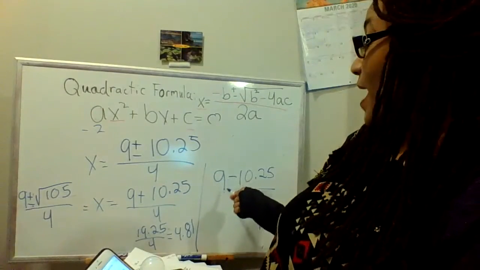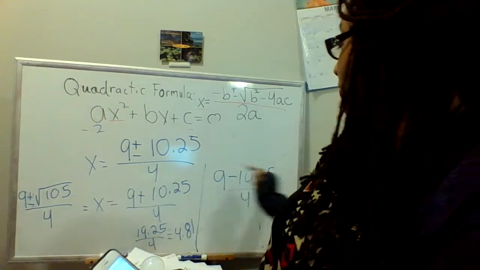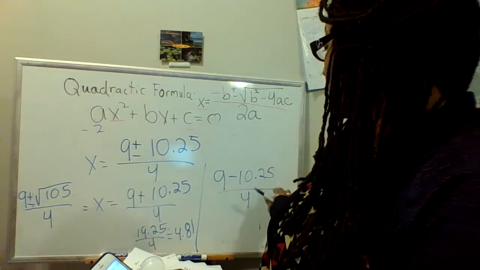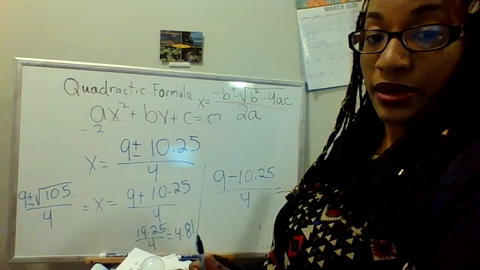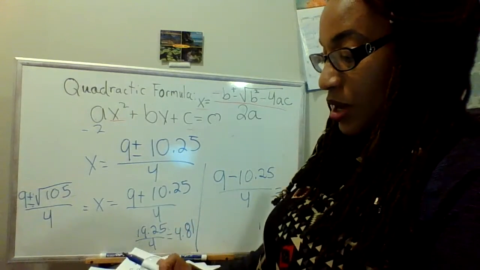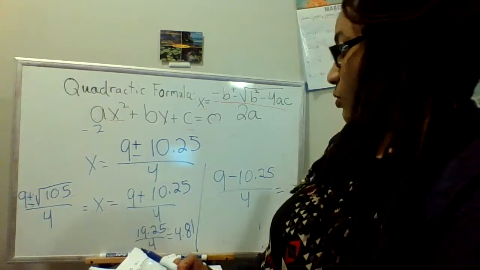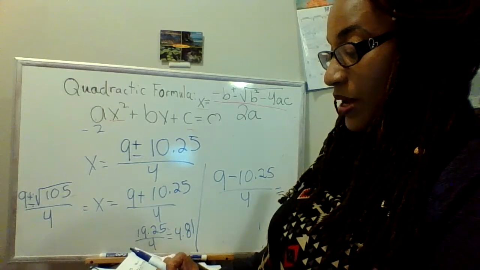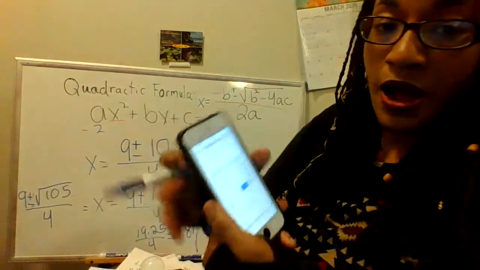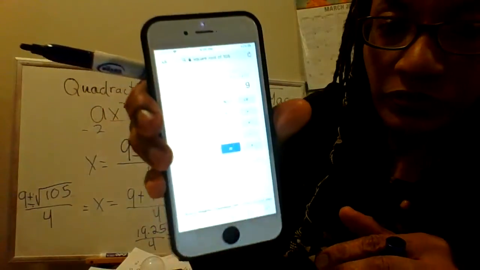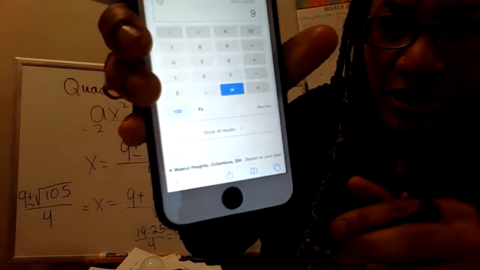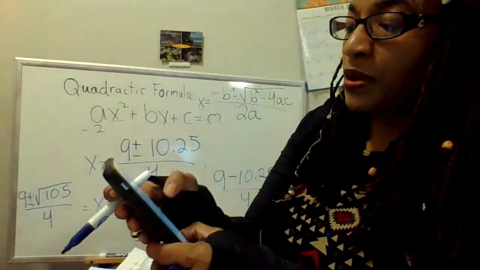Now, what happens? We got now 9 minus 10.25. That's going to change our answer a little bit, okay? So let's go ahead and find out what that is. I am going to clear this, and I'm going to put right into my calculator just the way it's written. I'm putting 9. Oh, let me see. There we go. 9, I'll show you.